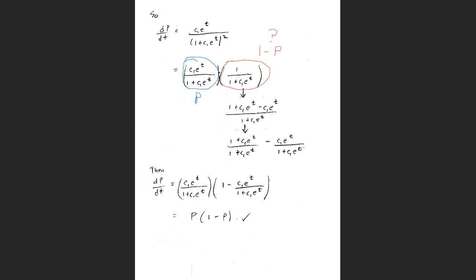Well, all right. So we have to be a little bit clever here. I'm happy with the denominator, but the 1, I'm going to write the 1 in an interesting way. I'm going to write the 1 as 1 plus C1 e to the t minus C1 e to the t. And then I can split the fraction as you see here.